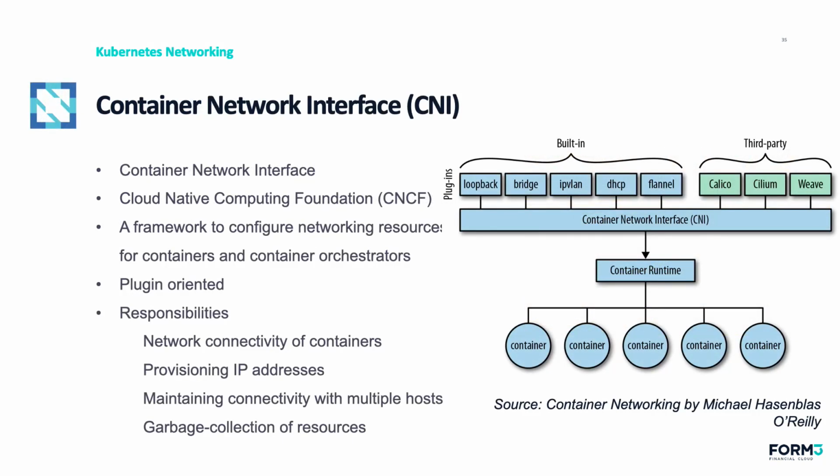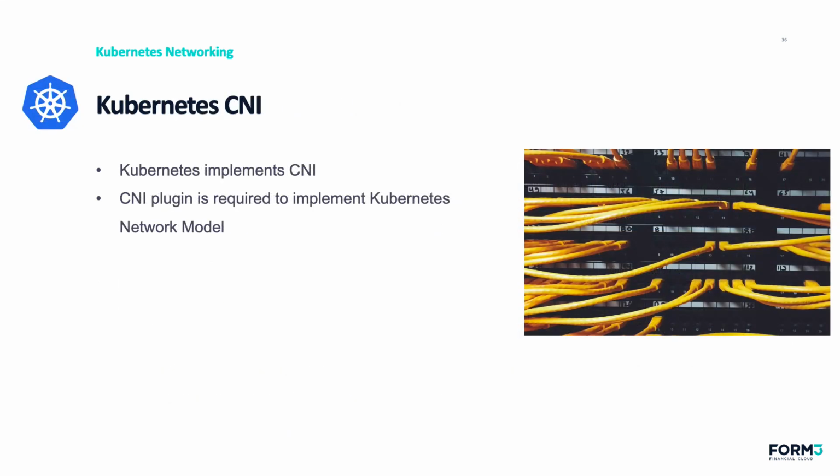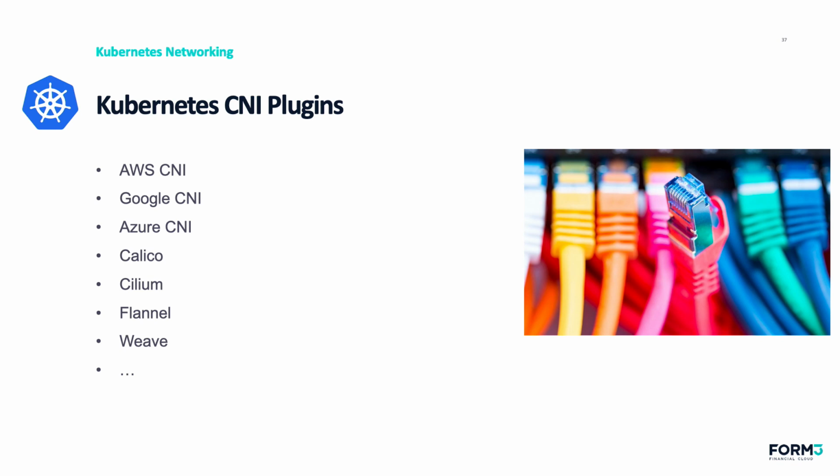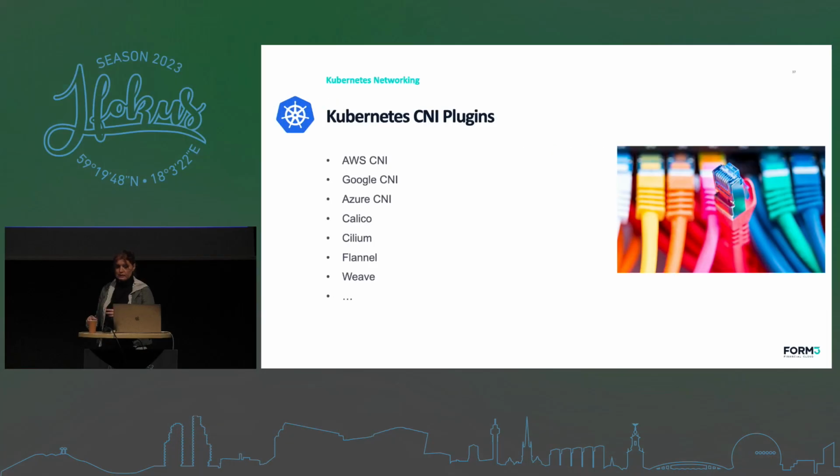Plugins are responsible for network connectivity of containers, provisioning IP addresses, and maintaining connectivity with multiple hosts. Out of the box on the clouds and managed Kubernetes, you have default native CNI plugins like the AWS CNI plugin, Google or Azure CNI plugin, but you can also usually install your own plugin.